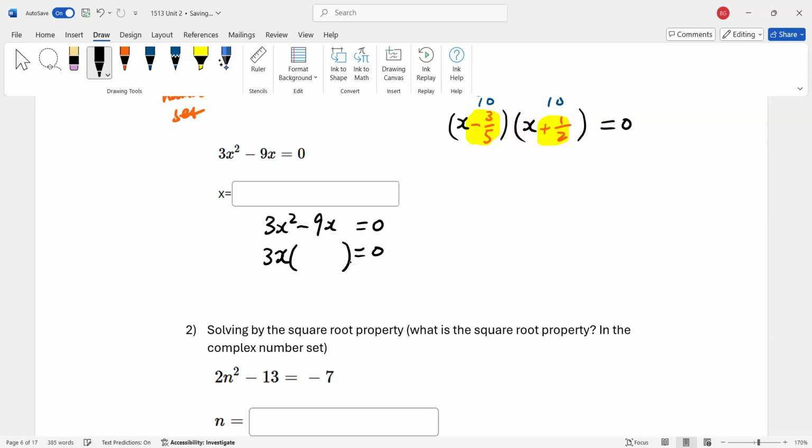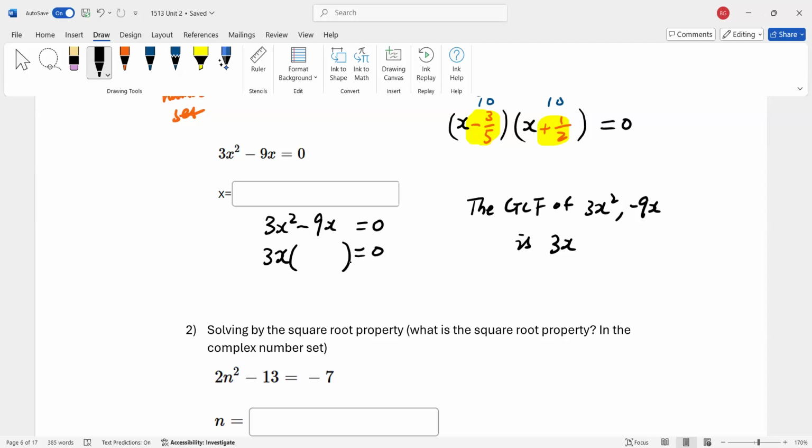I want to ask, do you guys agree the GCF of 3x squared and -9x is 3x? GCF is also a very, very important topic in Foundation 2.